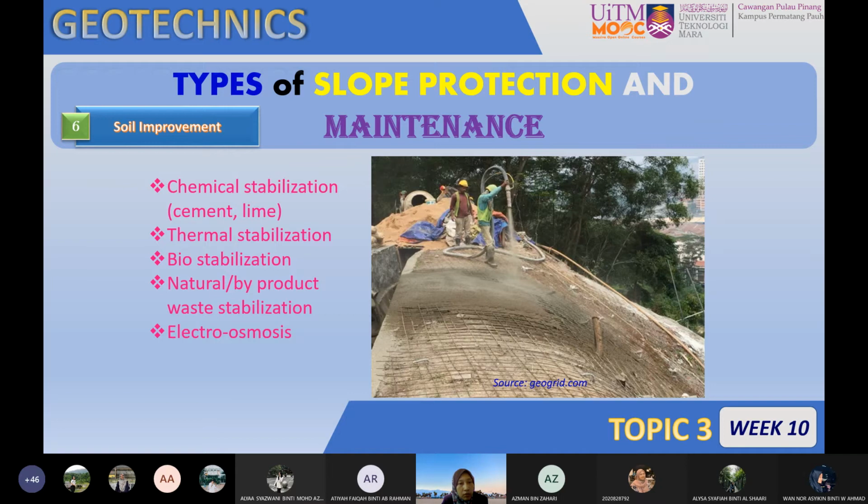Okay, this is one of the questions in our online game just now. The available methods for soil improvement are chemical stabilization such as cement or lime, then you can opt for thermal stabilization, the next one is biostabilization, and the last one is electro-osmosis. Here on the uphill slope, you can see this worker applying or spraying some sort of chemical stabilization such as cement.